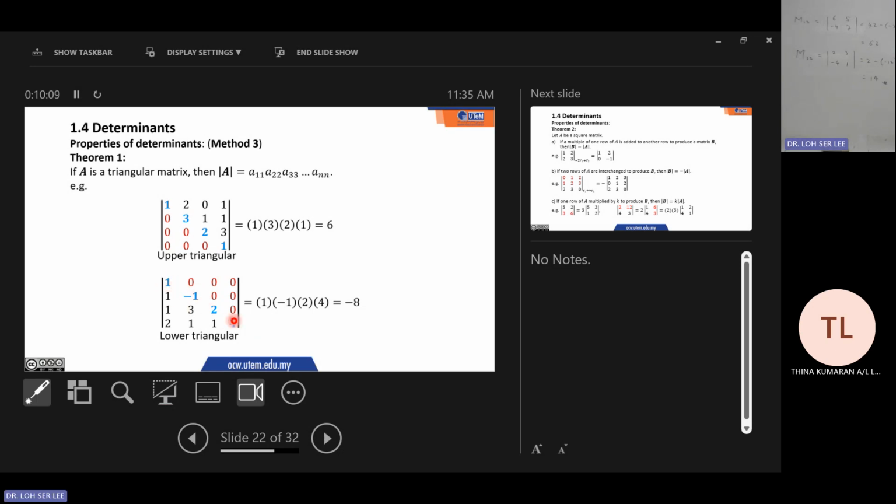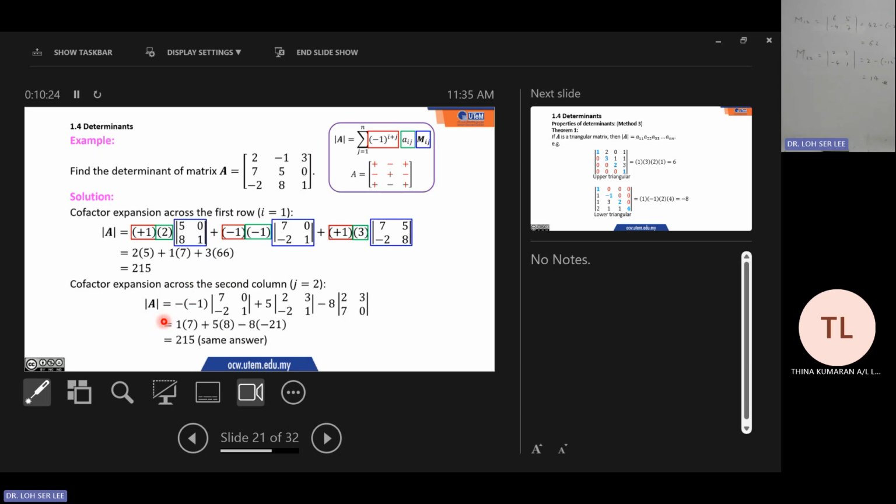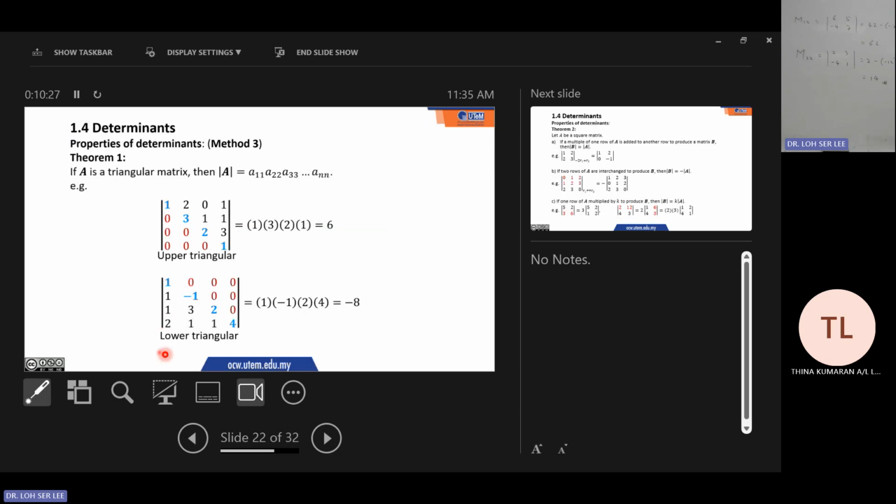Just take the diagonal entries and find the product. So this is theorem 1. But if you use the cofactor expansion, the method that you learned just now, you can apply that to find the determinant for this 4x4 matrix. You will get the same answer. So this is considered a shortcut to get the determinant. Whenever we see this, we know, just find the product of the diagonal entries.